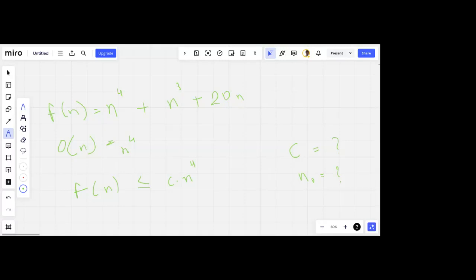Very good, that is the correct answer. For c equal to 1 only you will get it there. You don't have to do anything. Guys, are you understanding this?